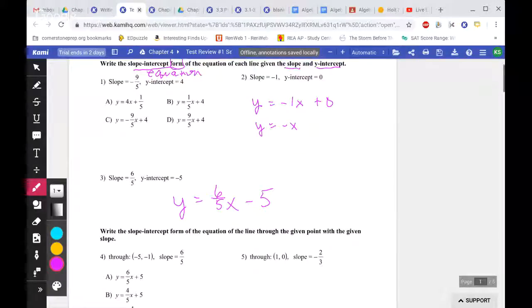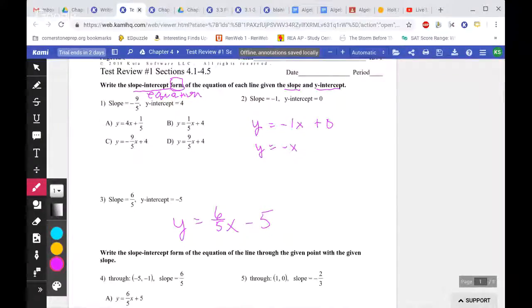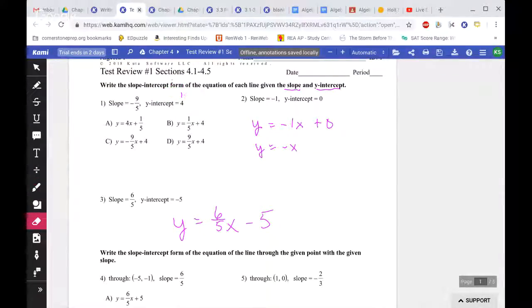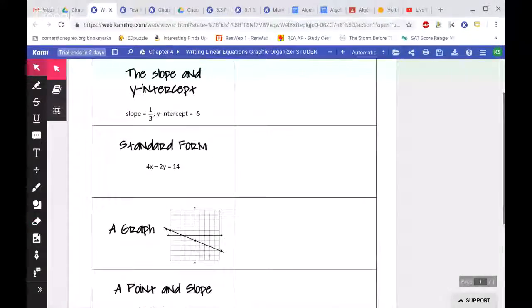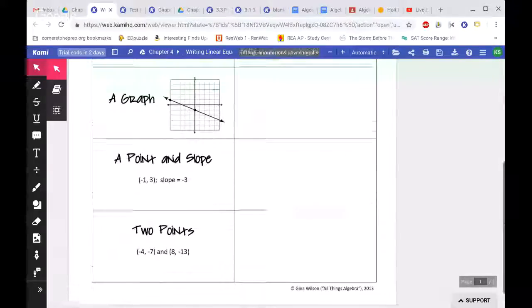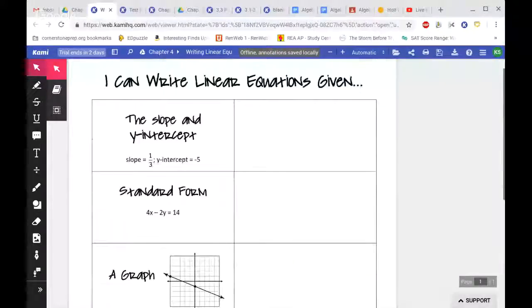And does everybody on Math Lab right now understand how to get to that? When you're given the slope and the intercept, all you have to do is plug it into the slope intercept form equation. Unfortunately, this was something that I was going to give you all to have on the test on Friday, and we were going to work through that.